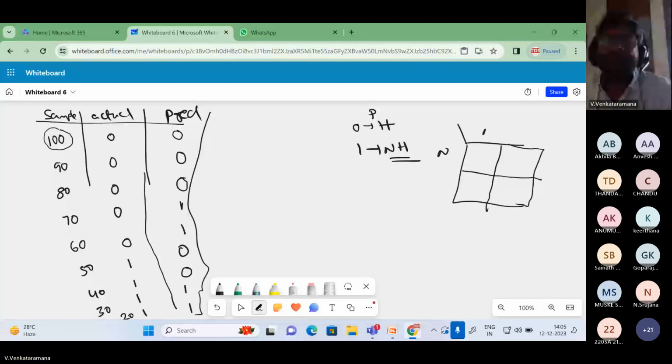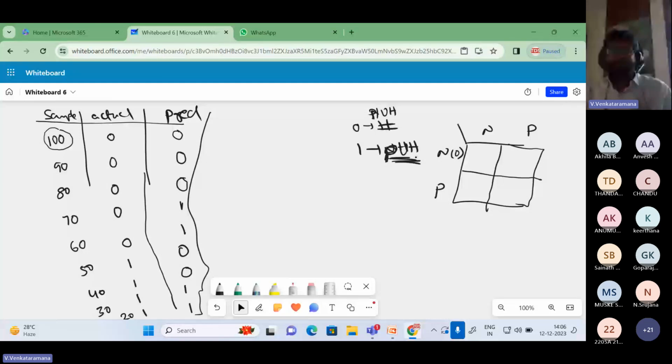And positive means unhealthy. I'm checking whether the battery is unhealthy or not. If it is a 0, not unhealthy, that means healthy. If it is a 1, positive unhealthy, that means it is the unhealthy part.